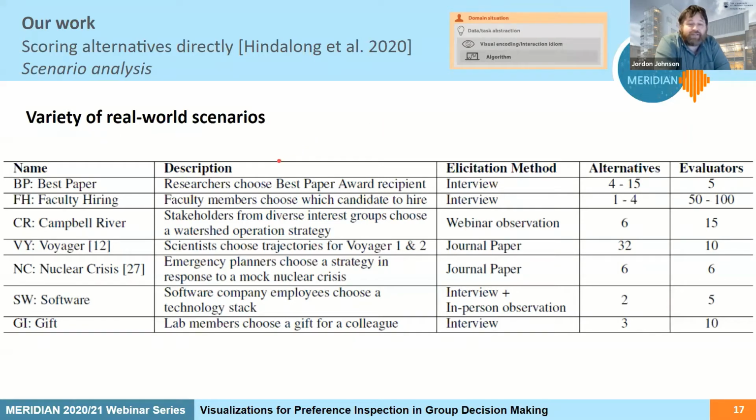We chose 7 very different scenarios, from something as simple as choosing the best paper award for a conference, choosing candidates to hire for a university faculty, to software companies choosing a technology stack, to things like choosing a strategy for a nuclear crisis, or even scientists choosing trajectories for spacecraft that will travel the solar system and beyond.